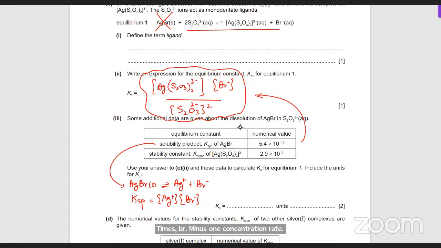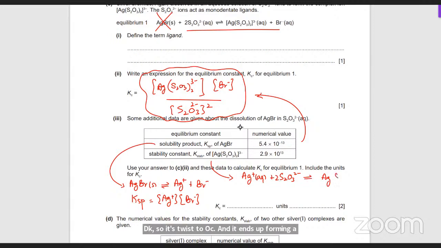What is this other thing? Stability constant. What is stability constant? It's stability constant is when ligand exchange happens. So this is ligand constant S2O3 2 minus. So when aqueous ions undergo ligand exchange, okay, so it's 2S2O3, and it ends up forming a complex which is what?